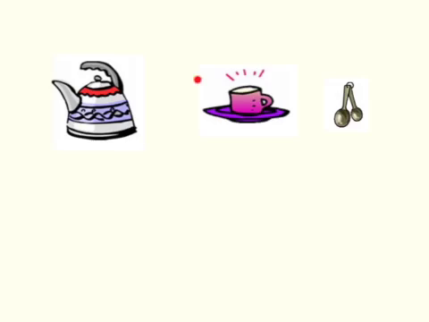We would say this cup has more capacity than these spoons because it's bigger. We could say that these spoons have the least capacity or the smallest capacity because they are smaller than these other objects here. Okay, let's have a look at another set of objects.